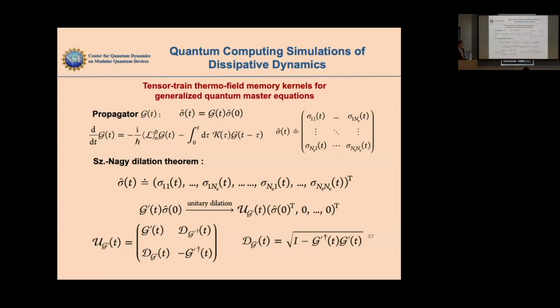And this is what the dilation theorem says: if you have any contraction, you can write a matrix that would be unitary based on that contraction. So if this matrix is the propagator, I'm applying it to a vector where the second half are equal to zero, then applying this to the first half would be equivalent to the simulation that one wants to perform, which is applying the propagator to these reduced density matrix elements.